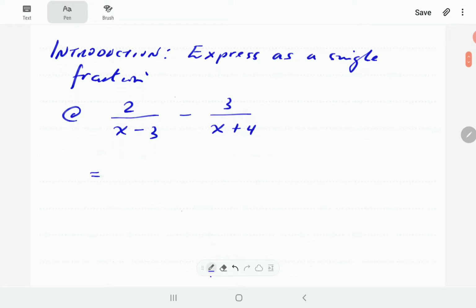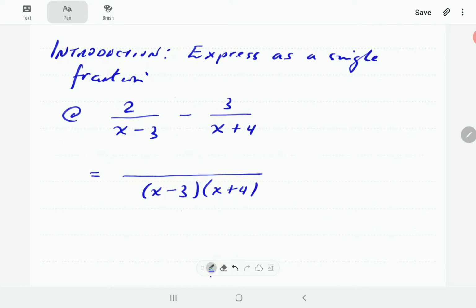So then we need a common denominator, which is going to be the LCM of the two. So in this case it's going to be x minus 3 into x plus 4.